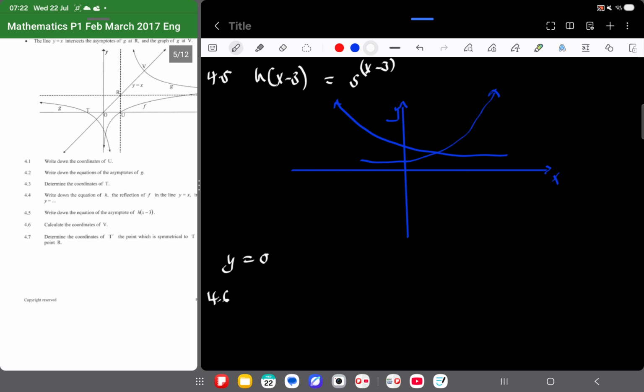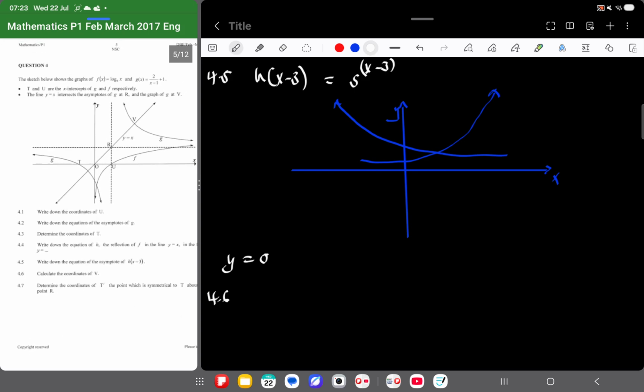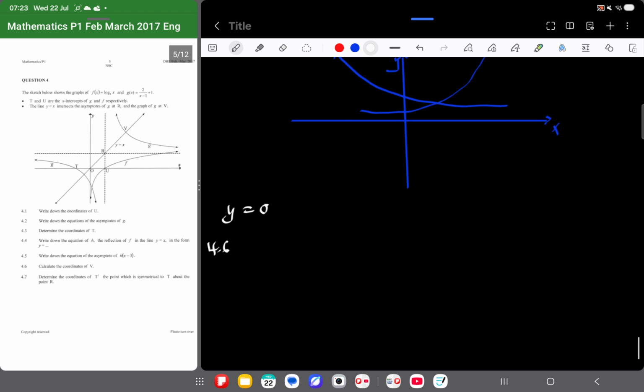Calculate the coordinates of V. We know when we have two functions, we can equate them to see where they intersect. So V is the intersection of the line y equals x and g of x. We simply equate those two.